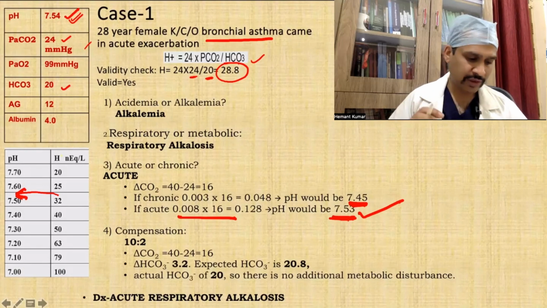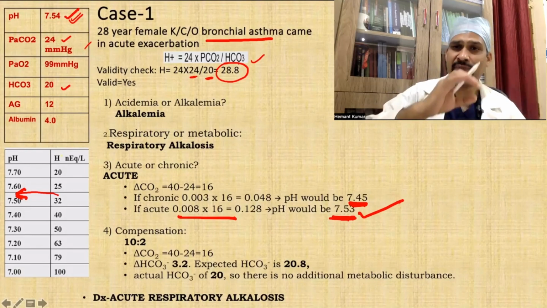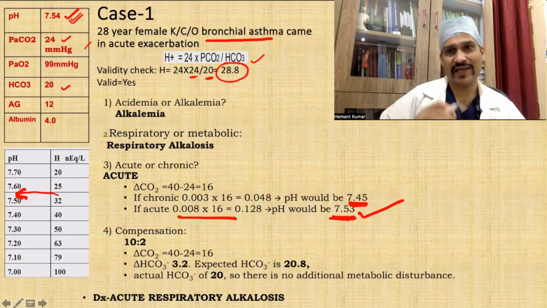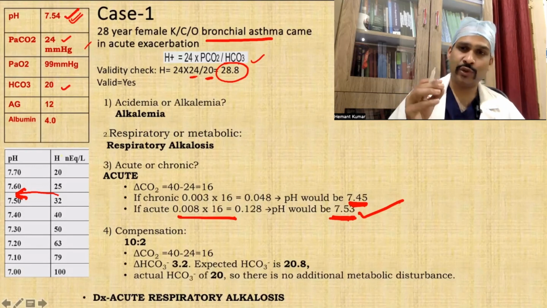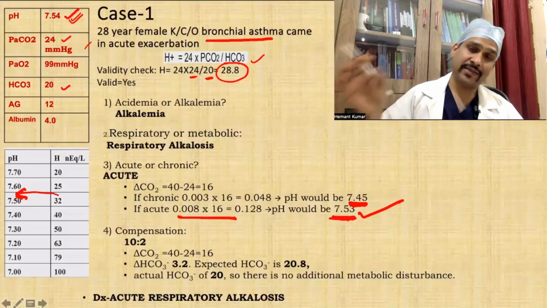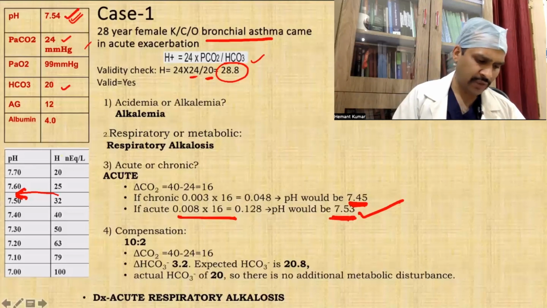Now we have to see compensation. As I told you, there is respiratory alkalosis. The compensation will occur by metabolic acidosis, the opposite. So how much compensation? As I told you, 2 is to 10. A 10 decrease in CO2 will decrease bicarb by 2. So how much is CO2 decreased?